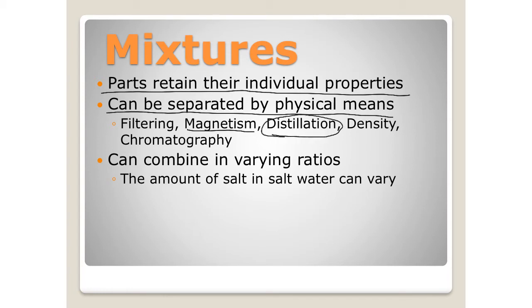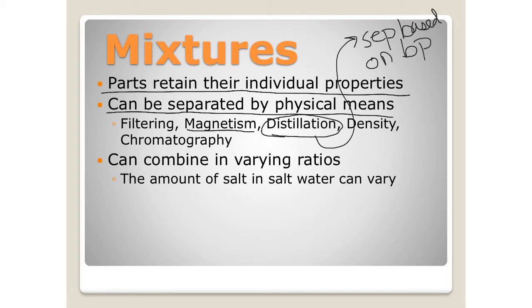Distillation is a separation based on boiling points. So if you have two liquids that mix together, you could boil them, and the one with the lower boiling point would boil off first, leaving behind the second one. So it's a separation based on boiling point.